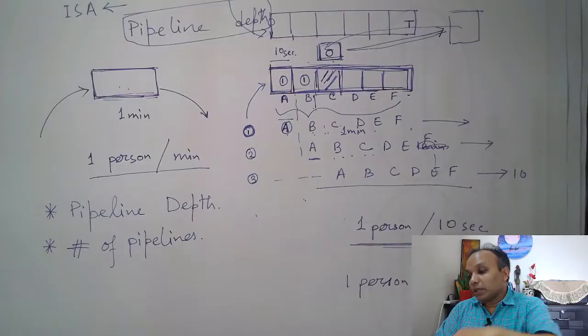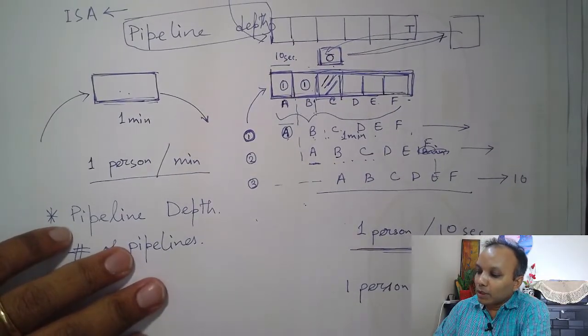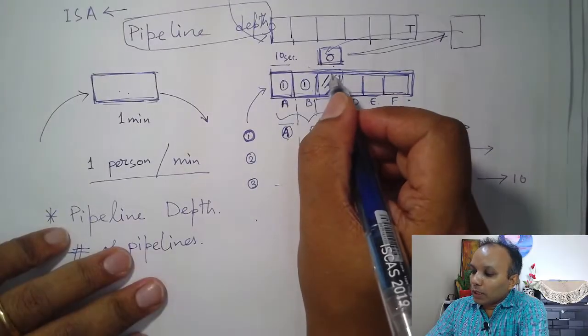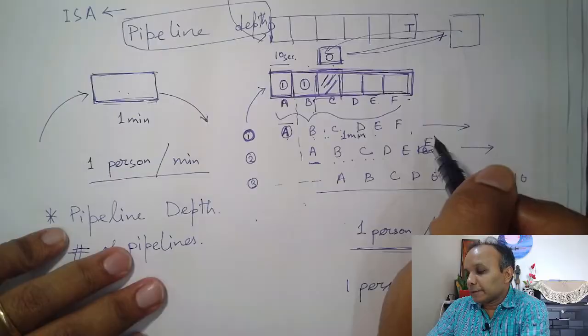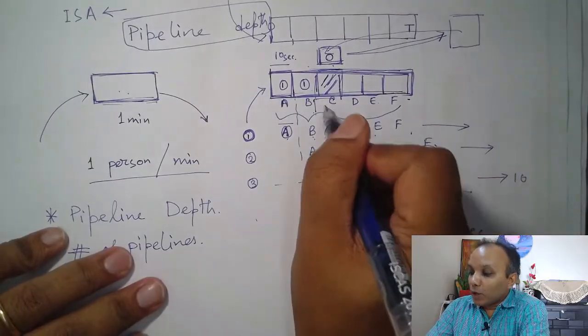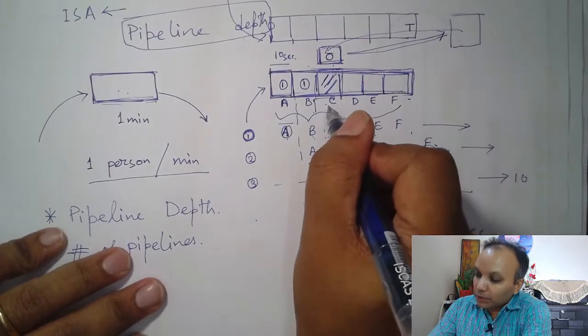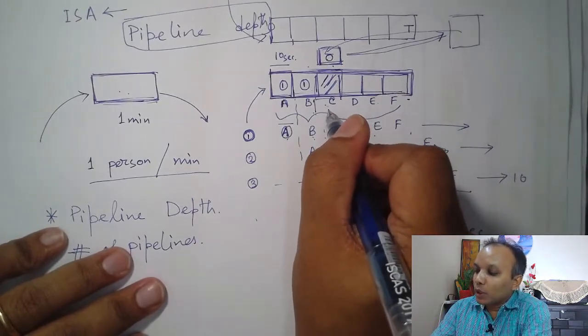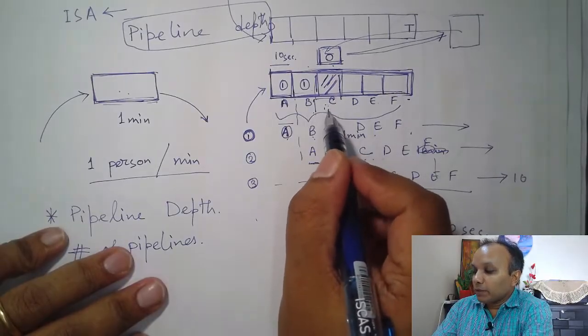Now another thing here, interesting, and maybe I am jumping a bit. So let us say this stage in that case takes more than 10 seconds. Then you have to slow down all your stages also, because if this stage is taking 15 seconds, then what will happen?